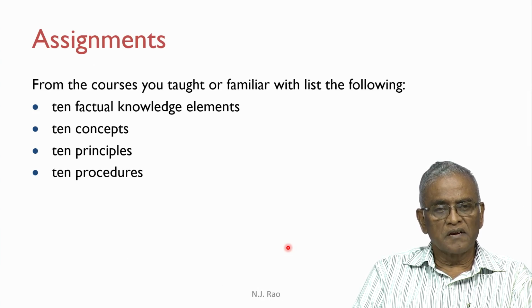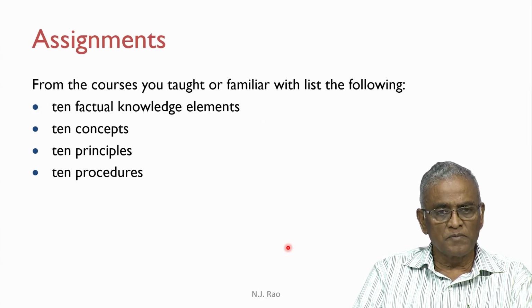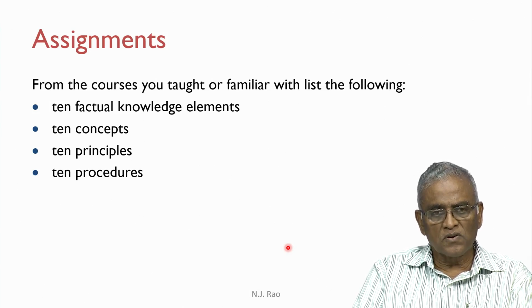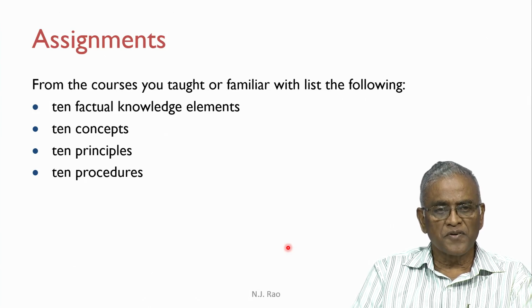Similarly, give 10 procedures from the course that you are dealing with. It is only giving examples from your course. Hopefully, the purpose of this assignment is that you start looking at the subject that you are very familiar with from a slightly different framework in terms of knowledge elements.